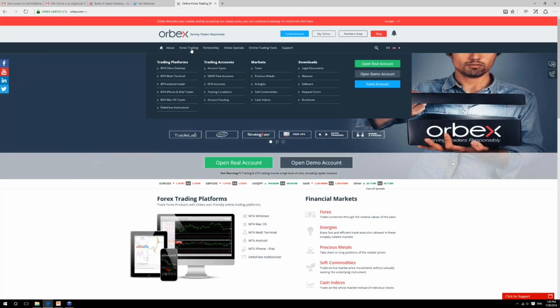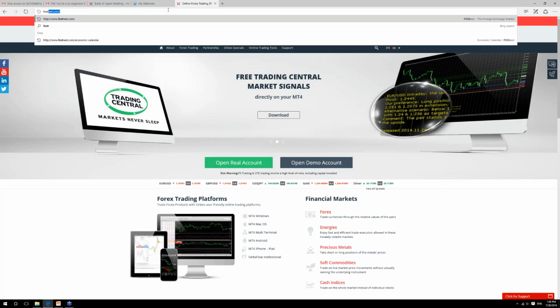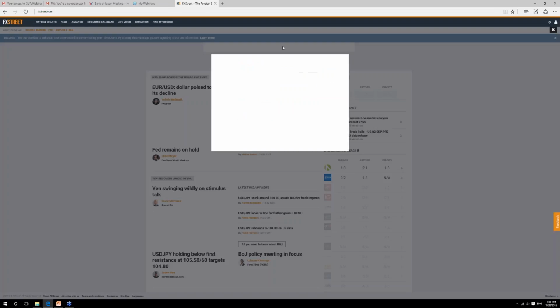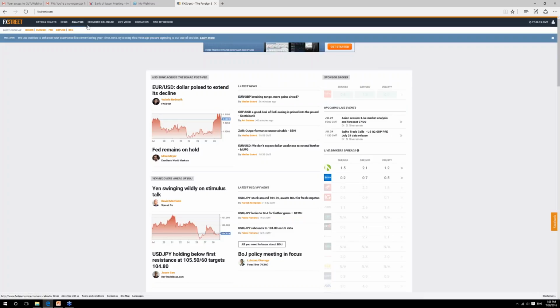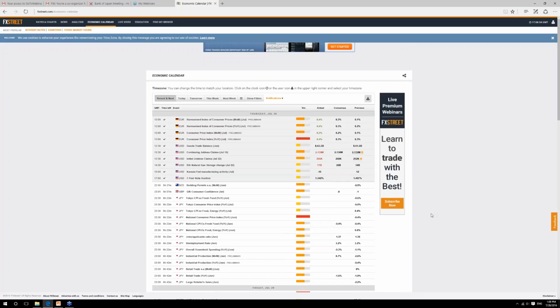Actually, a better way sometimes, when you're in a hurry like this, is to go to FX Street. I just want to show you what is coming up and where you can find this data, right? Actually, orbix.com gets their economic calendar, I believe, from FX Street. So there is no harm in looking at that.